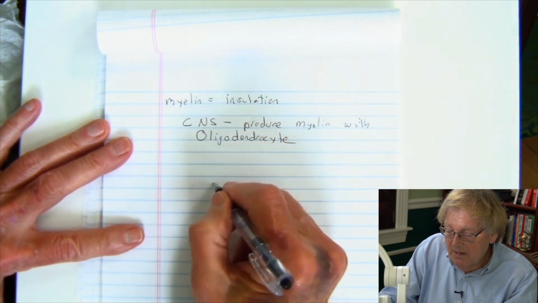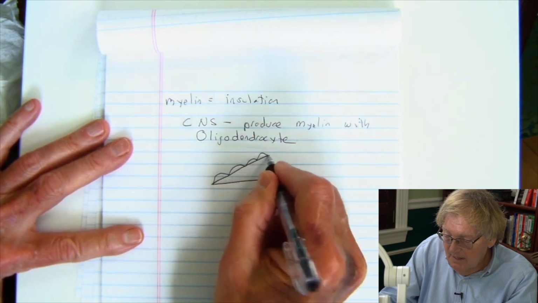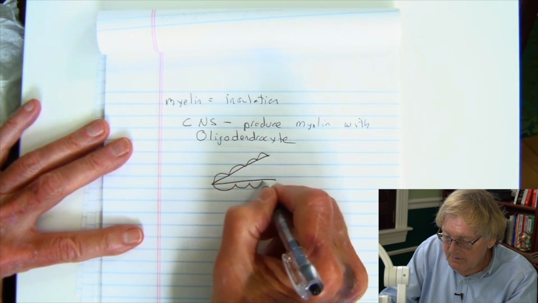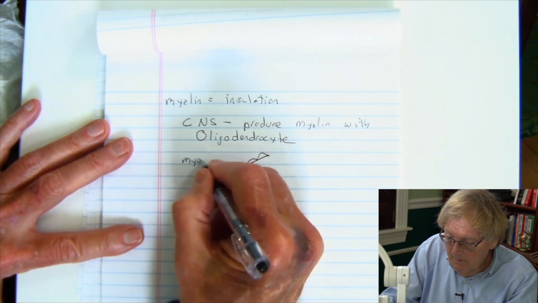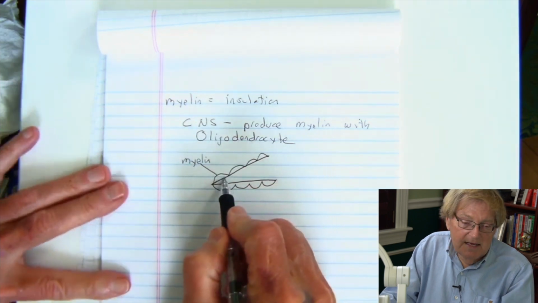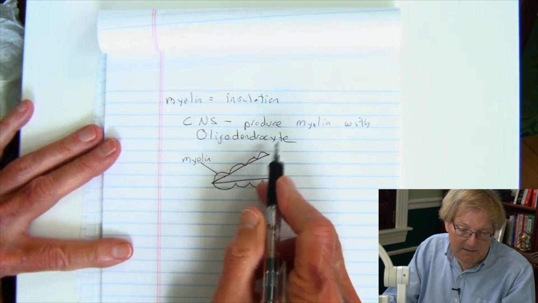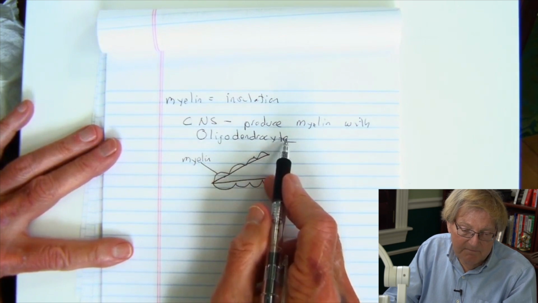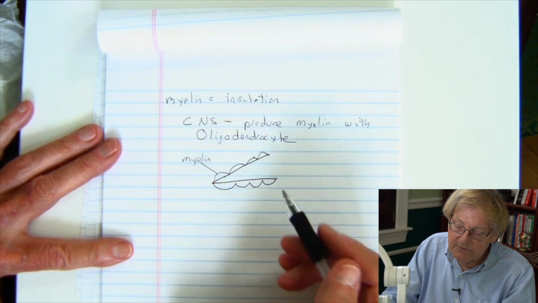So when I'm drawing that cell like this, and I'm saying that this is covered with myelin, that insulation in the central nervous system is going to come from an oligodendrocyte. But I also have to produce myelin in my peripheral nervous system.